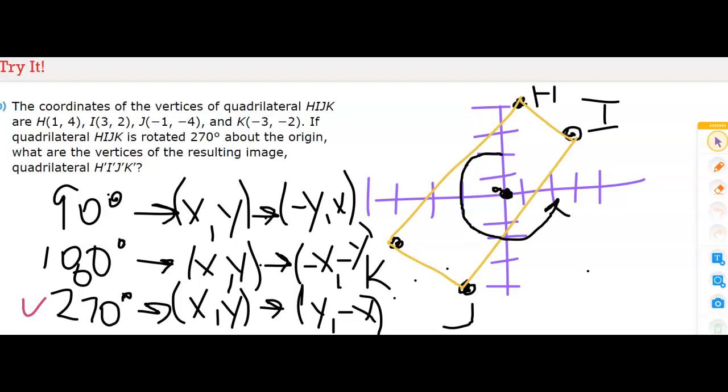So my new H is (4, -1). My new I, following the rule, would be (2, -3).